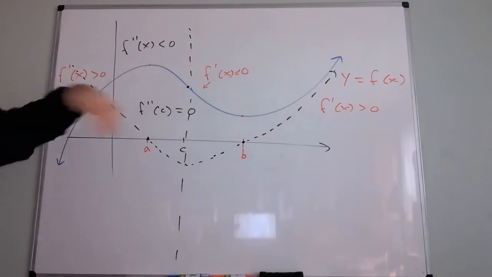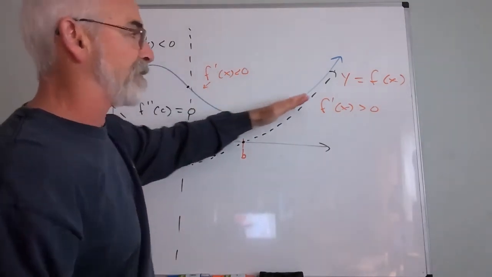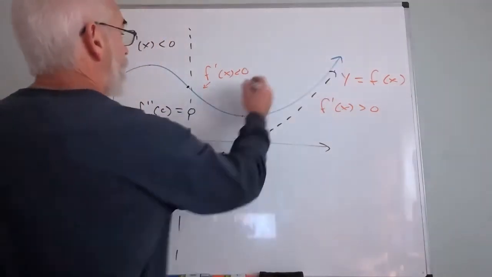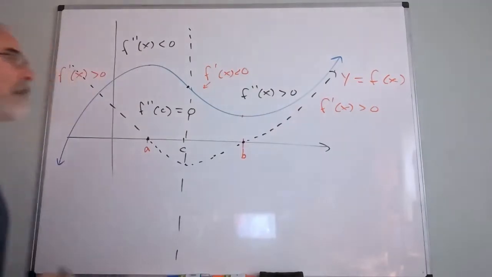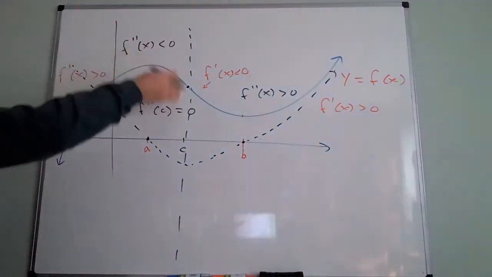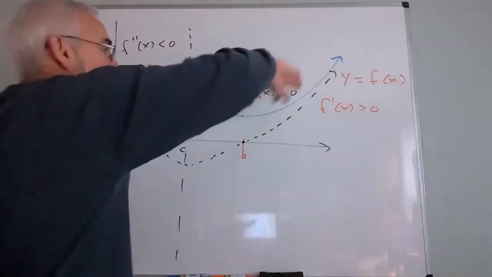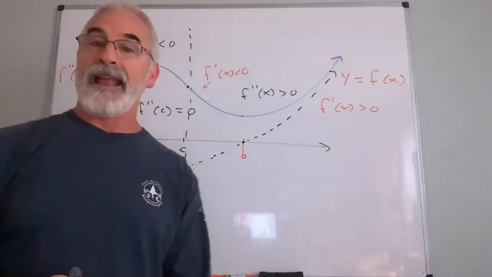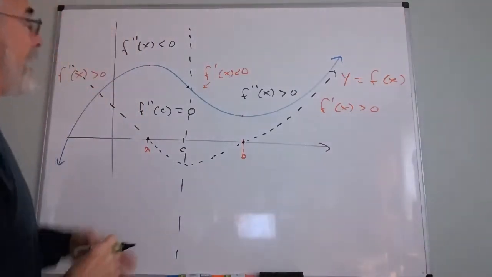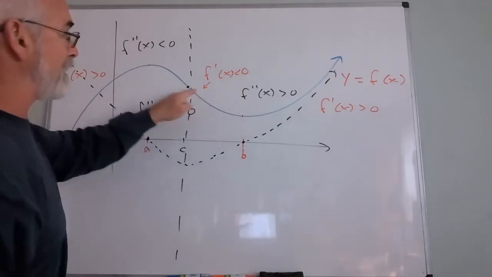From this point on, big negative, less negative, zero, little positive, big positive. In this portion of the graph, the second derivative is therefore positive. So when the graph is bending down, it's because the second derivative is negative. When the graph is bending upwards, it's because the second derivative is positive. And I changed from a negative second derivative to a positive second derivative right at this point.